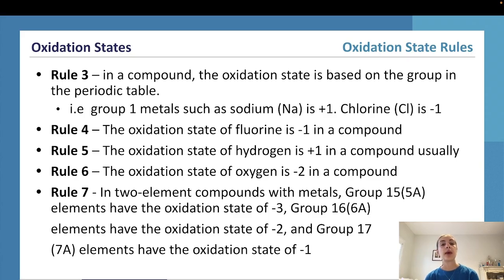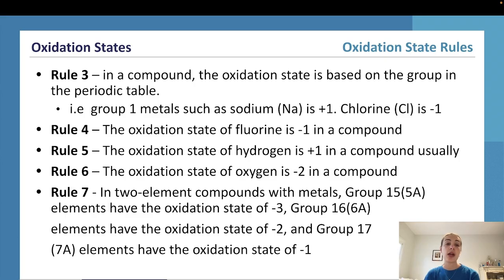So rule number 3 is that in a compound, the oxidation state will be based on the group in the periodic table. So for example, our group 1 metals, which are like sodium, are going to be 1+. If we're considering chlorine, that's down the other end, in group 15, and that's going to be -1, because it's just based on those general ion rules when you're making an ionic compound.